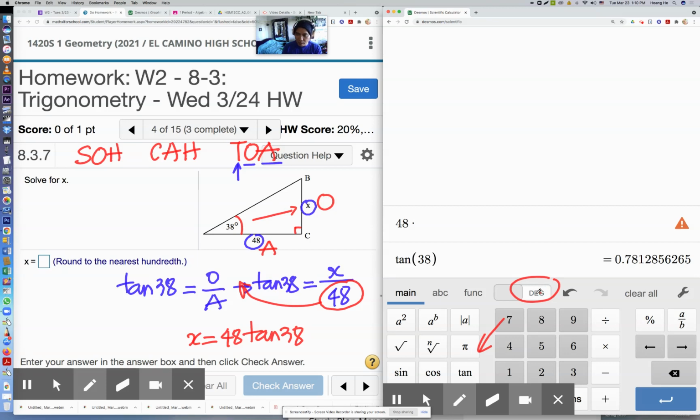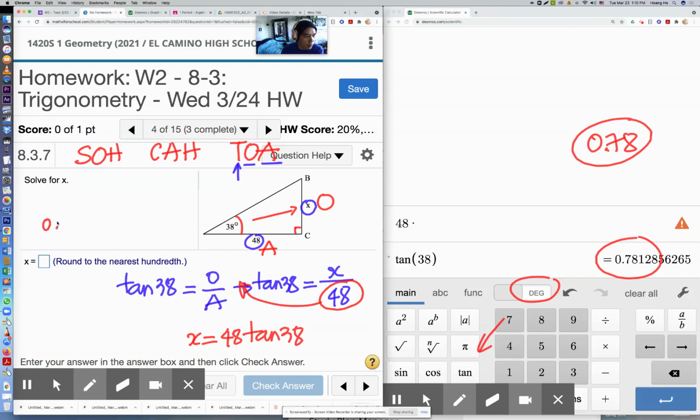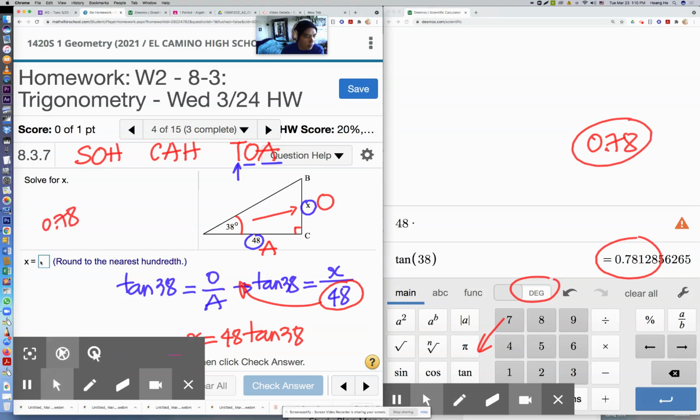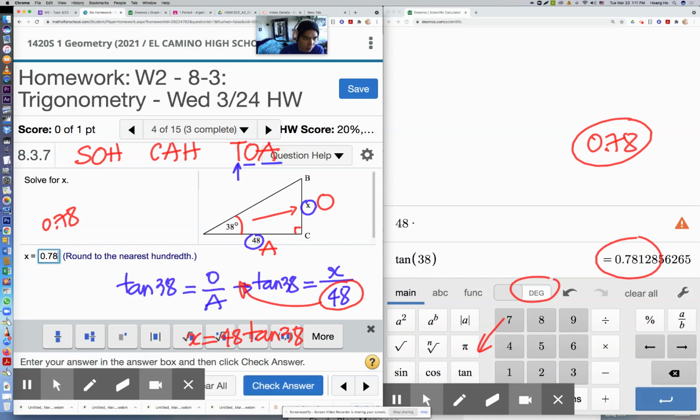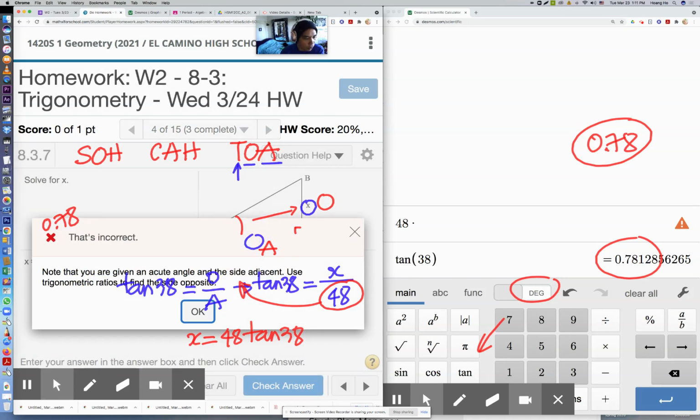Perfect. The answer should be to the nearest hundredth, 2 decimals. So 0.78. That's the answer I put right there. Done. Ooh, what happened?